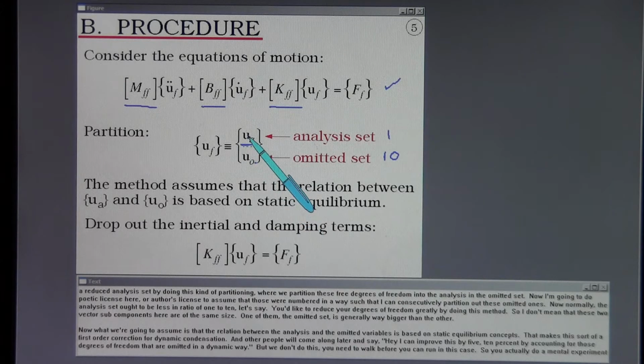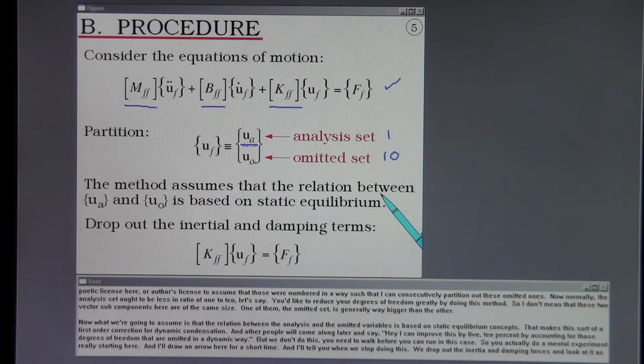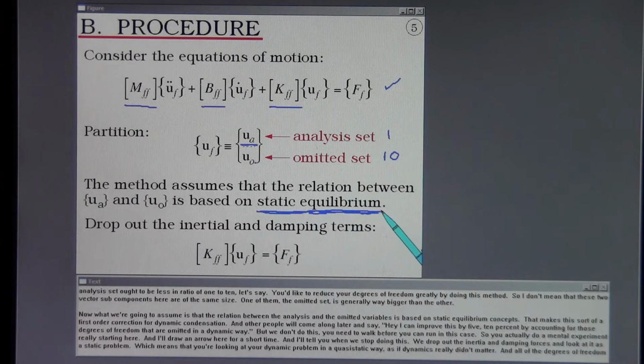Now, what we're going to assume is that the relation between the analysis and the omitted variables is based on static equilibrium concepts. That makes this sort of a first-order correction for dynamic condensation. And other people will come along later and say, hey, I can improve this by 5–10% by accounting for those omitted degrees of freedom in a dynamic way. But we don't do this. You need to walk before you can run in this case.